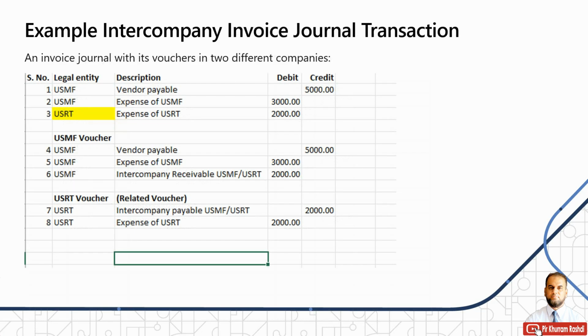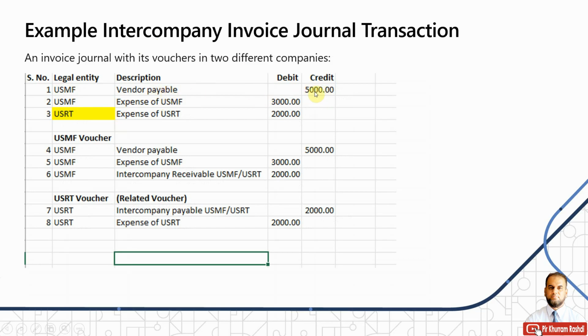And next we have another example, an intercompany invoice journal. As was mentioned, we can use this in a payment journal, invoice journal, or intercompany journal. So you can see here an invoice journal with its voucher in two different companies. First, from 1 to 3, you can see vendor, that is payable, is booked by 5,000.